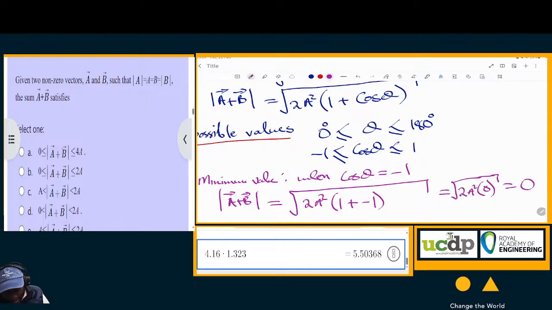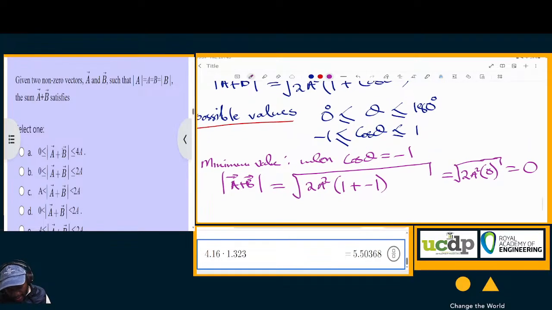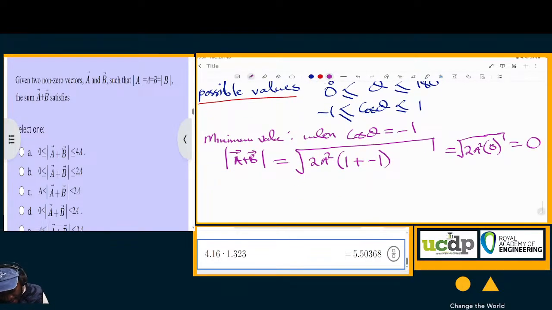Which means that our minimum value will be 0, when cos theta is equal to -1.